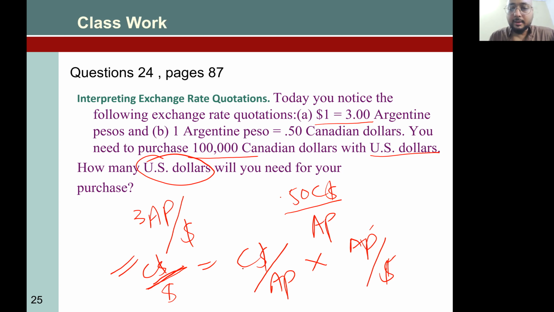So we have Canadian dollar over Argentine pesos, which is 0.50, multiplied by AP over dollar, which is 3. So 0.50 Canadian dollar over AP is 0.5, and this is 3.